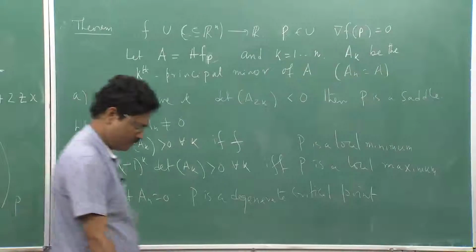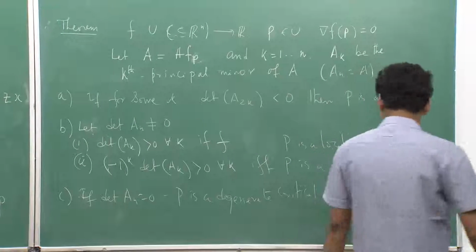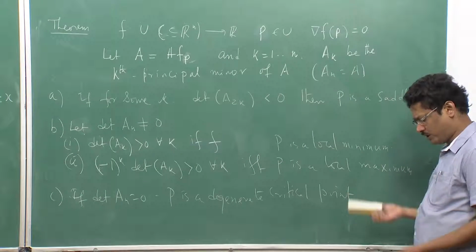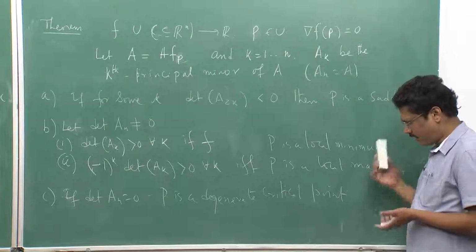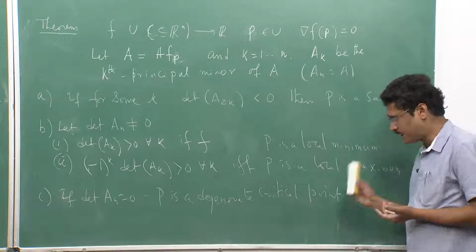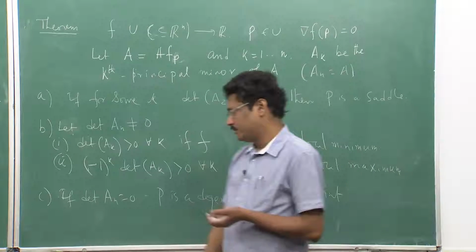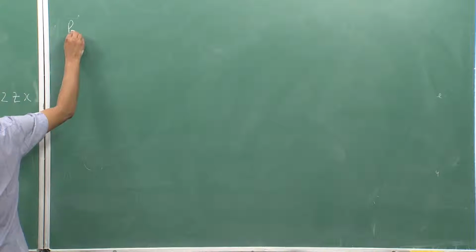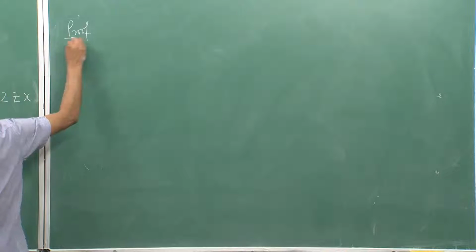Theorem is okay. So, for today I will start the proof because time is running out, and I will complete the proof in the next lecture. Proof is very interesting. So, first the A part. Let me try if I can finish the proof of A part today.